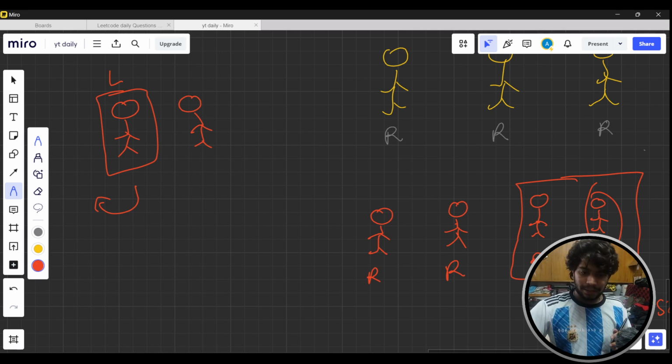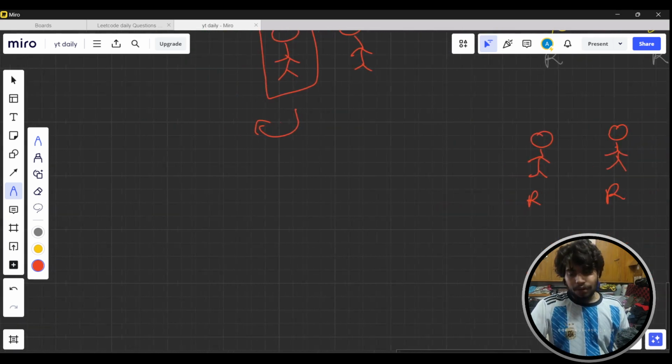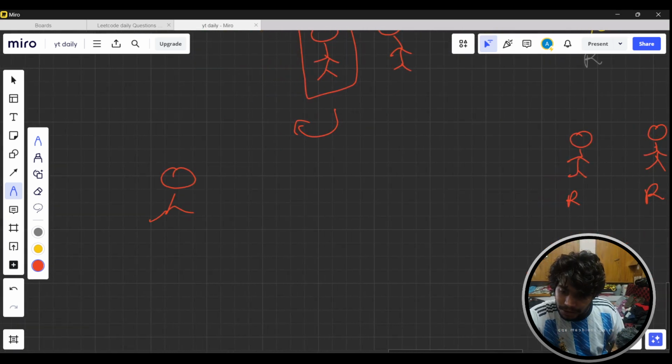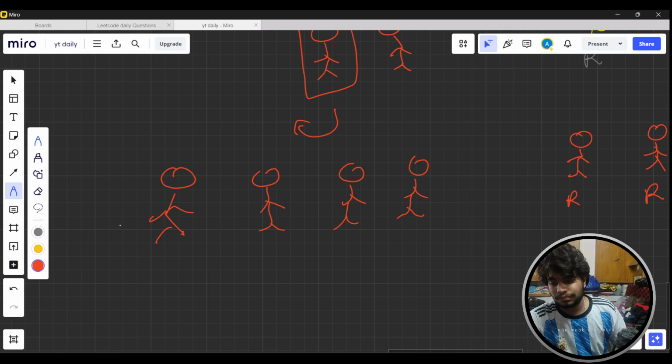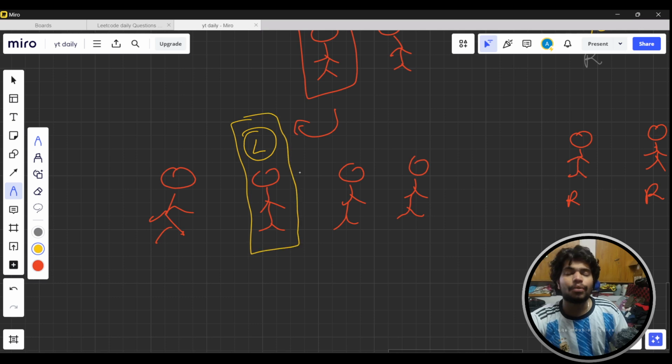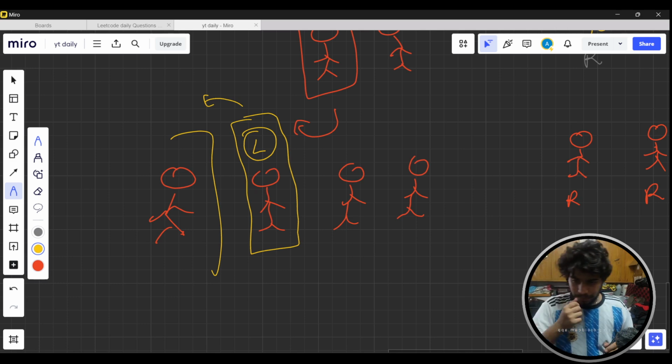Because we can think like, let's say there are many robots. Those robots which are moving left will only collide with their previous robots.